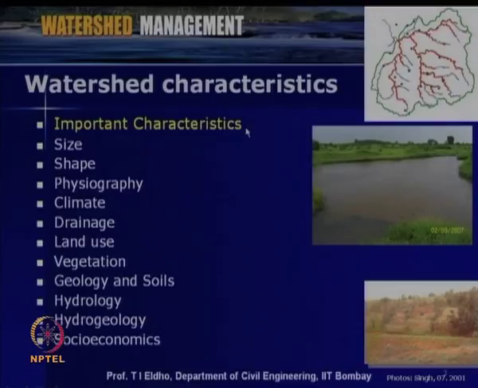Then land use. What kind of land use is there within the watershed, whether it is forested, or agriculture, or scrub land. Then vegetation, what kind of vegetation, whether it is grassland or small trees. Then geology and soils. The various hydrological processes taking place within the watershed, like infiltration and various other parameters, depend upon the geology and soils of the watershed.